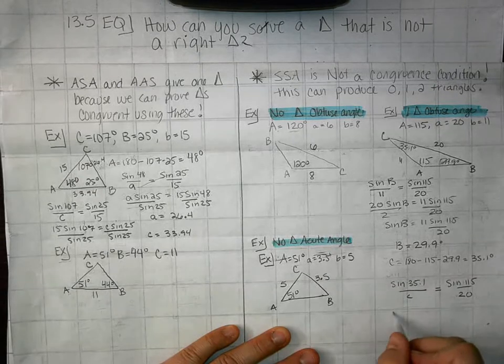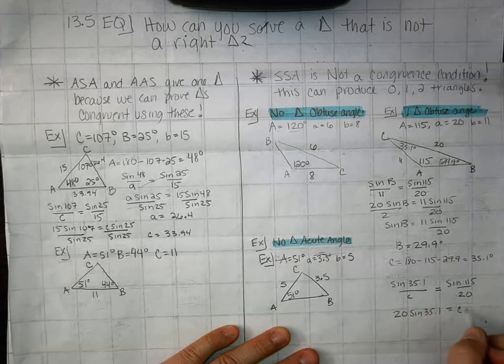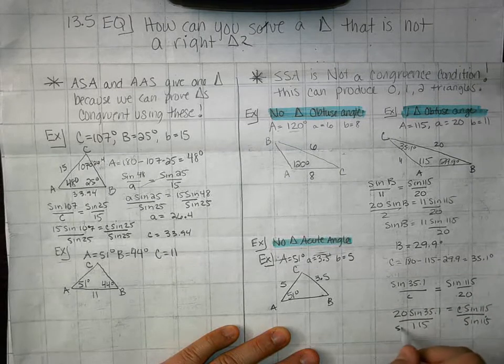When I cross multiply, I get 20 times the sine of 35.1 is equal to C times the sine of 115. When I divide by the sine of 115, I'm going to get my answer, and C is equal to 12.7.